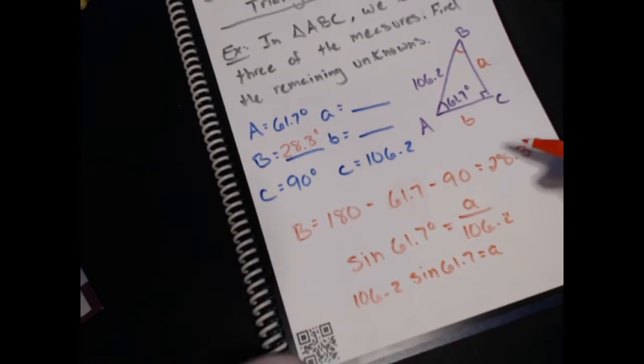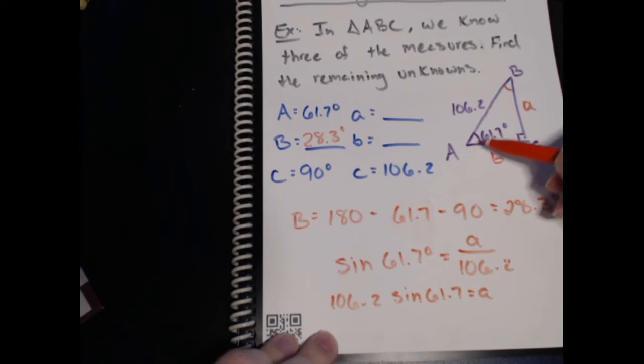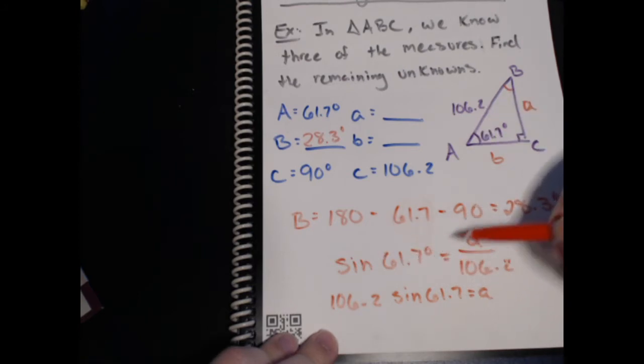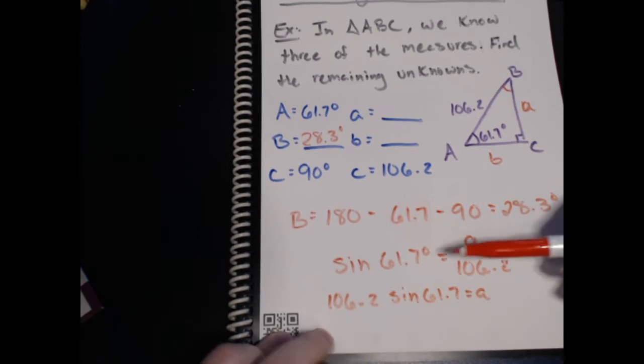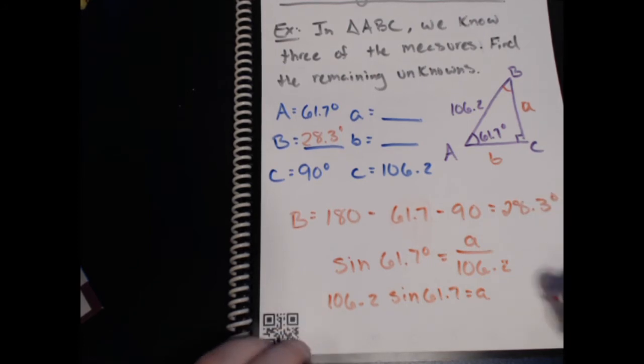So wait, what was it? Can you repeat that? Yeah, so I know angle A and I know side C. So if I want to know side A, I'm going to do opposite over hypotenuse. That's why I use sine. So I do sine of 61.7 degrees equals A over 106.2. I need to make sure I'm in degrees, so go into your calculator, there's a button that says mode.